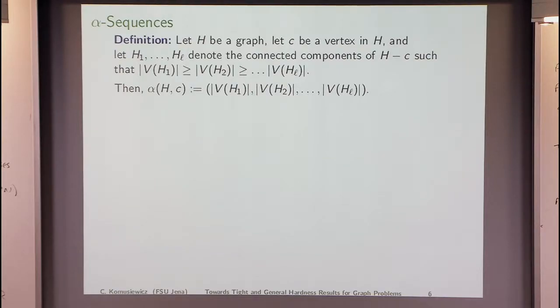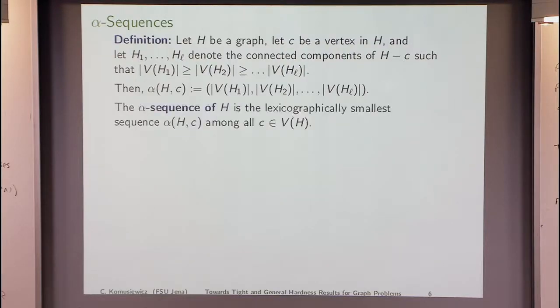So this is to somehow deal with these cut vertices. Yannakakis introduced this notion of alpha sequence, which is just you look at a graph and some vertex C in this graph, and you look at the connected components that you get when you delete this vertex, and you order them by size, and then the sequence is just this tuple that you get after you've ordered them.